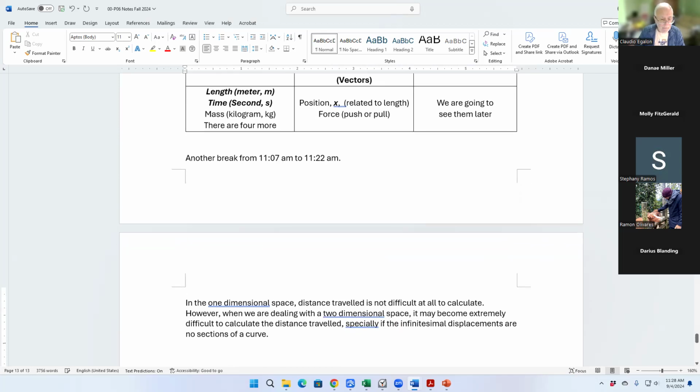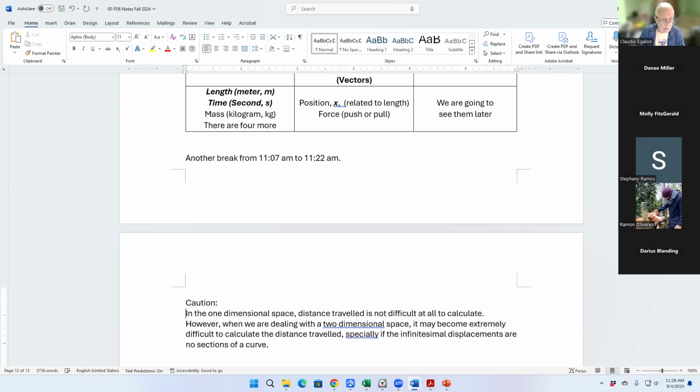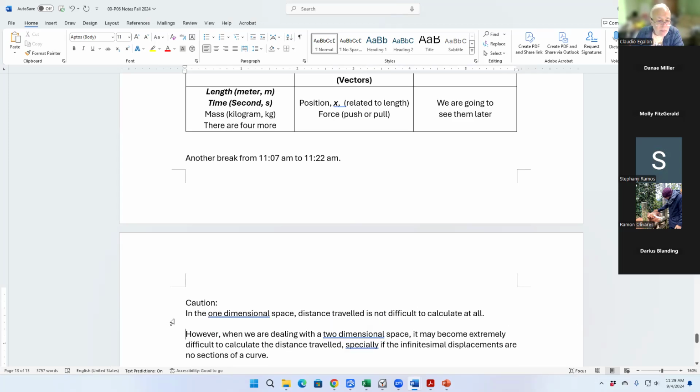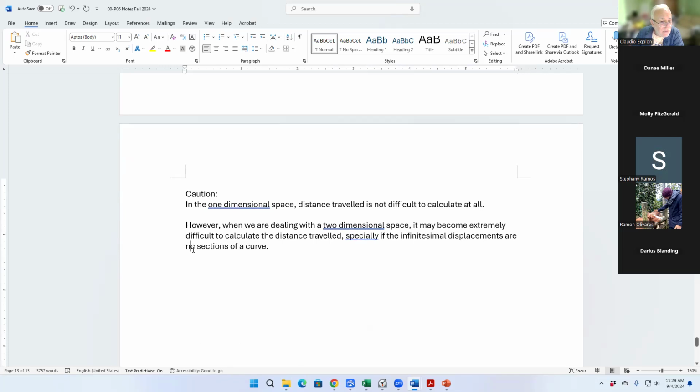Caution: in the one-dimensional space, distance traveled is not difficult to calculate at all. However, when we're dealing with two-dimensional space, it may become extremely difficult to calculate the distance traveled, especially if the infinitesimal displacements are sections of a curve.